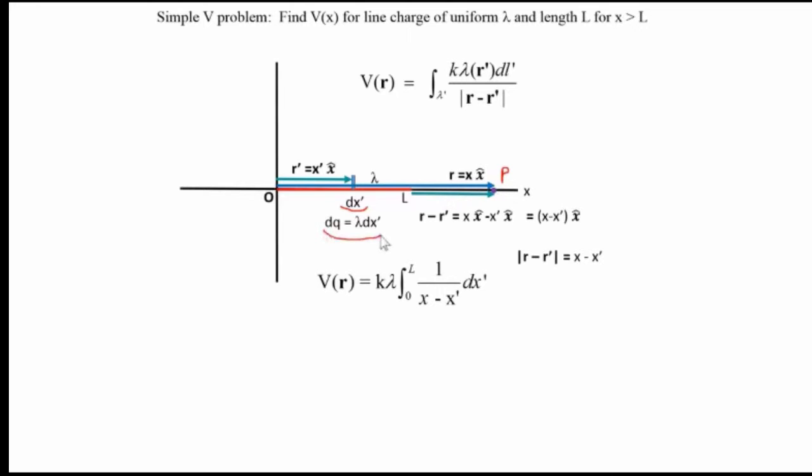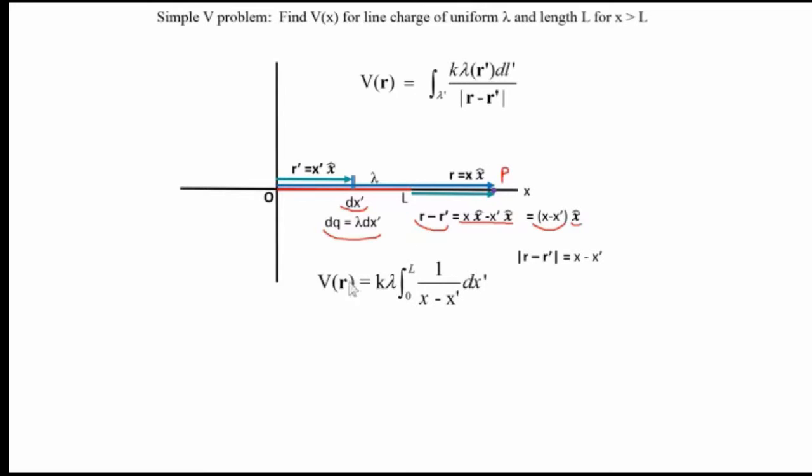The dq for a constant lambda is just lambda dx prime. So we can put our r and r prime into the vector r minus r prime, so here's what we get. And we can factor out the arguments so that we have the distance between the charge element and the point in question times x hat.